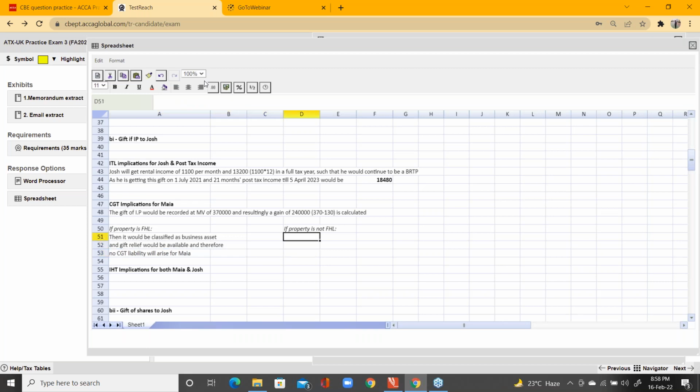Now, answering the same things, taking the things from here, Control C and Control V, and making the appropriate change.